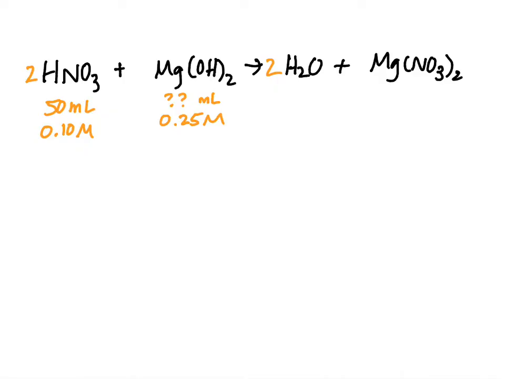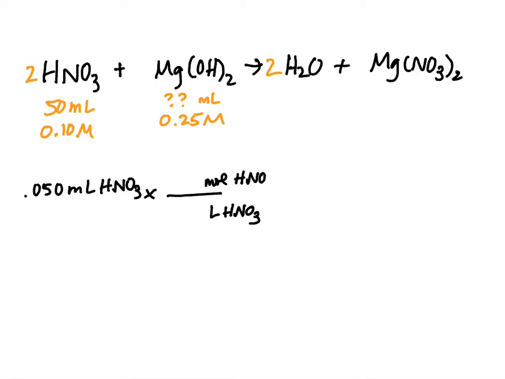Okay, so we're going to start this just like we started the last one. So I'm going to change my milliliters to liters of nitric acid. And I'm going to convert my liters of nitric acid to moles of nitric acid. And again, because it's moles over liters, I can use the molarity there, and that will make my liters cancel.